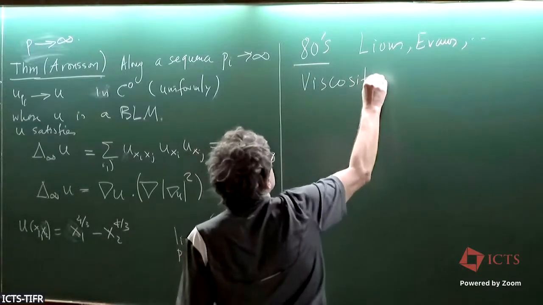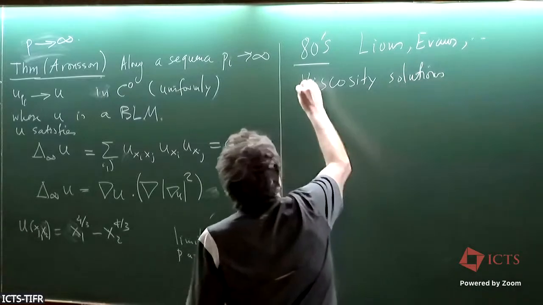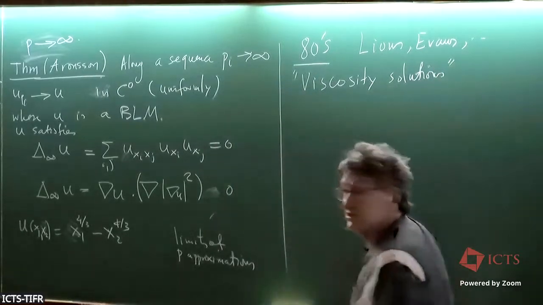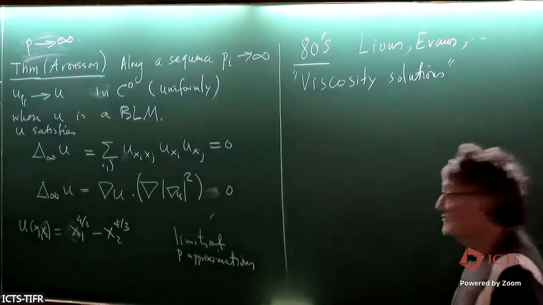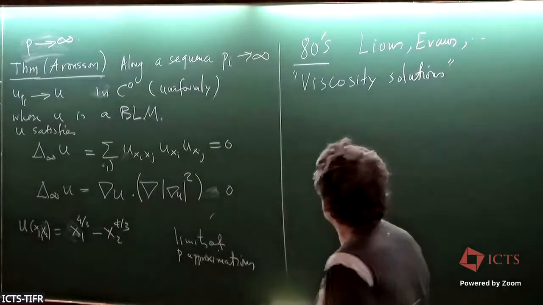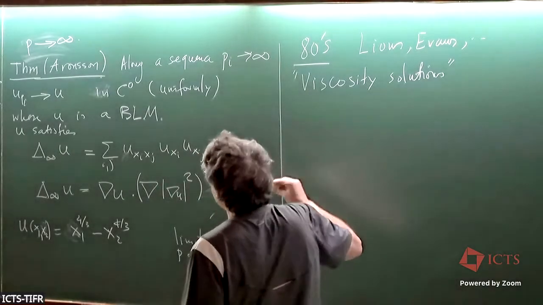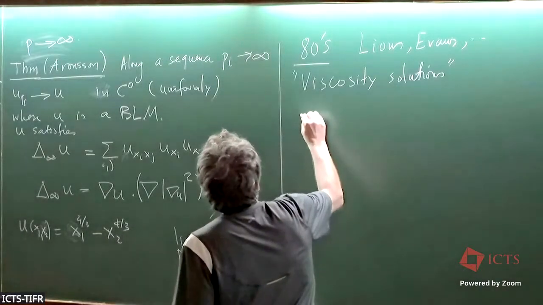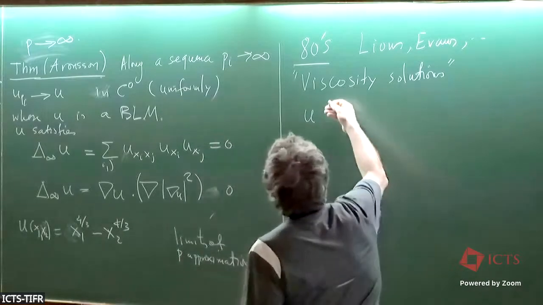They defined this notion of viscosity solutions. So these are not actual solutions, they're not weak solutions, they are some other solutions. And then actually using these techniques, they were able to prove that U has some regularity.